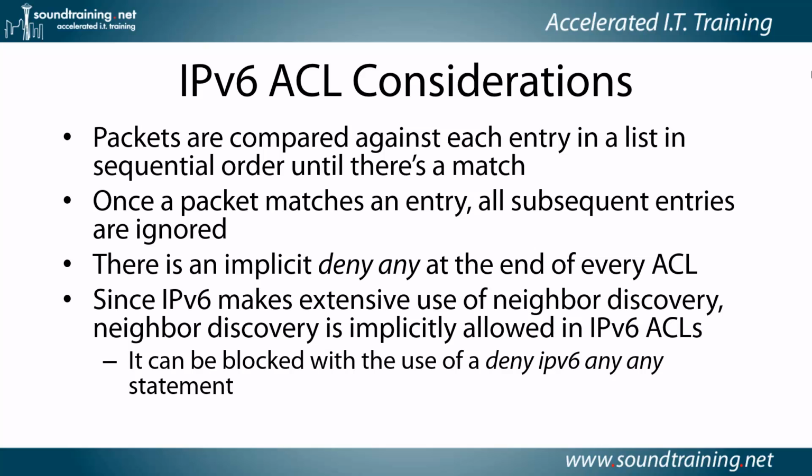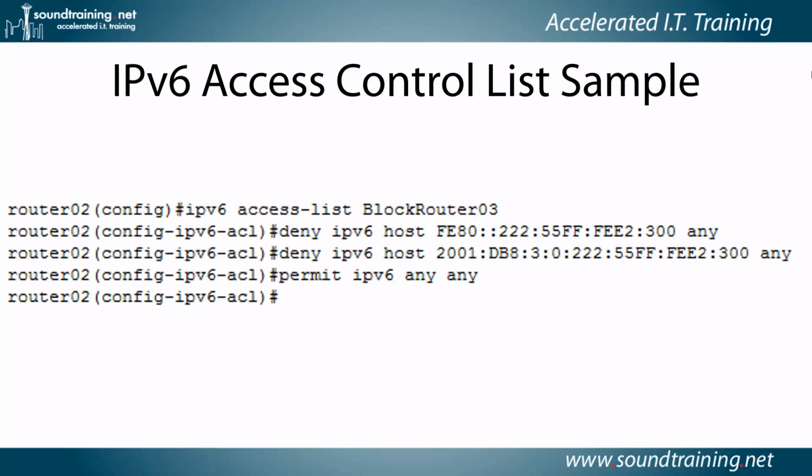Now, it can be blocked with the use of a deny ipv6 any statement at the end of the list. If for some reason you want to do that, then you would include that deny ipv6 any. But be careful about doing that because that could impede functionality with IPv6. Not could, it will.